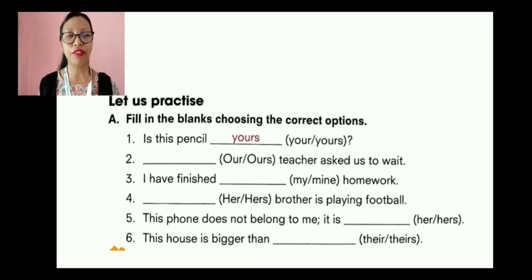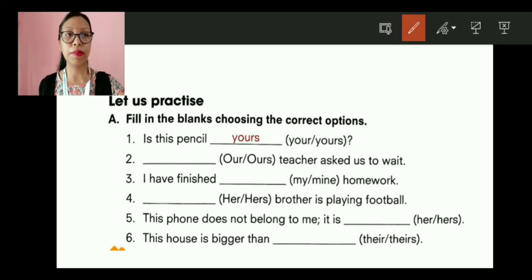So here we have a fill in the blanks, choosing the correct options. Number 1, is this pencil your or yours? Now here we are going to use the pronoun. Therefore, it will become yours. Is this pencil yours? So that's why yours has been used. Dash teacher asked us to wait.